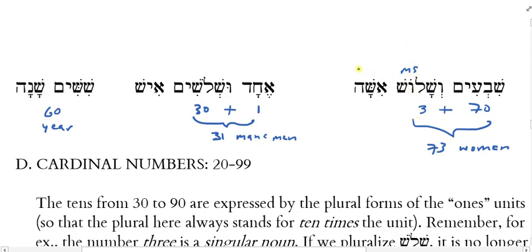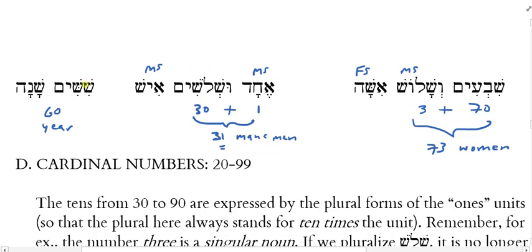And isha is what gender? Feminine. Okay? Take a look over here at 31. The units place is the number 1. Is 1 an agreement or a disagreement number with gender? Number 1 has agreement. So echad is masculine singular because ish is masculine singular. You see? Isn't that pretty?